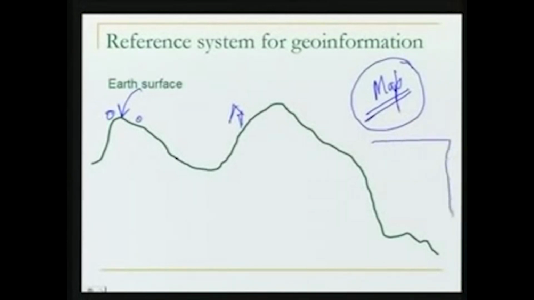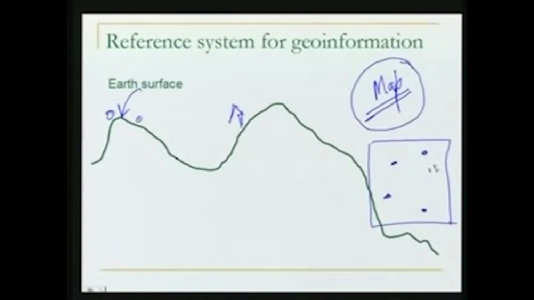Well, now start thinking. In the map also, when we are trying to preserve the geometry, let us say this is an area here. In this area we have got some 2-3 features. Now this particular area is ground. What I want to do now, I want to make a map of this area. So I will need a system of reference. Let's take it as here X and here Y. Fine.